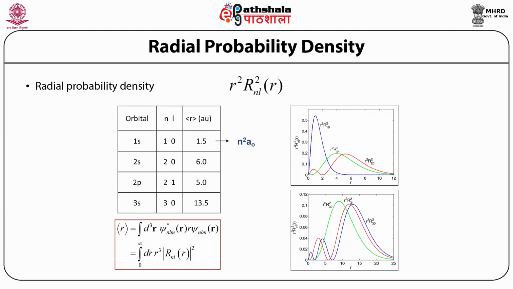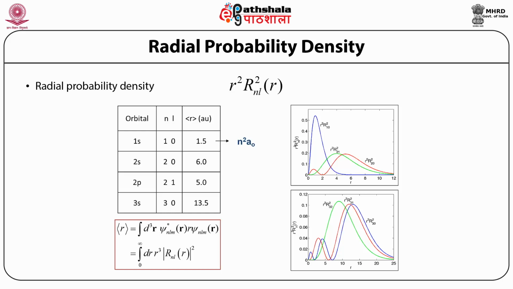Now students, let us discuss the radial probability density, which is given by r squared times capital R squared nl as a function of r.